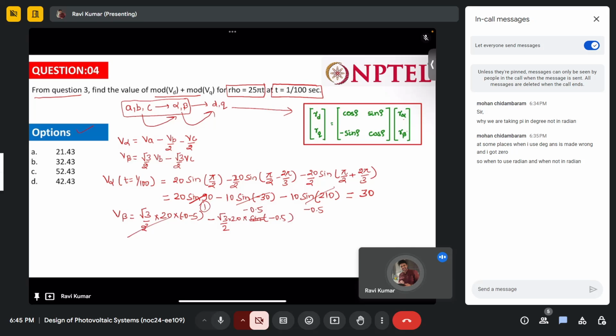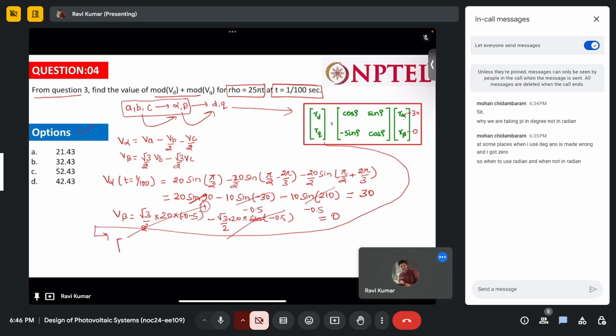So positive and negative, it is 0. So V beta is coming to be 0. So now we have 30 and 0. Now we will solve for this.